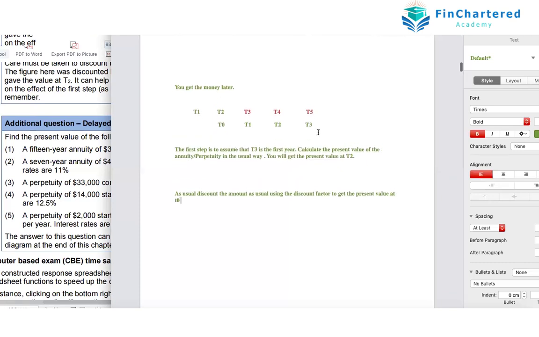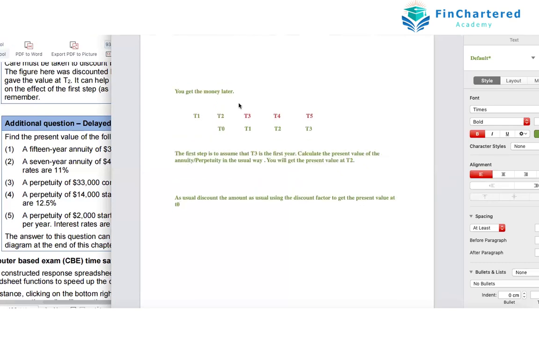So suppose, for example, at time 2, the present value of this annuity is 100. So from time 0 point of view, it's saying that 2 years from now, you're getting 100. So how do you discount it? 100 into the discount factor of 2 years. That's it.